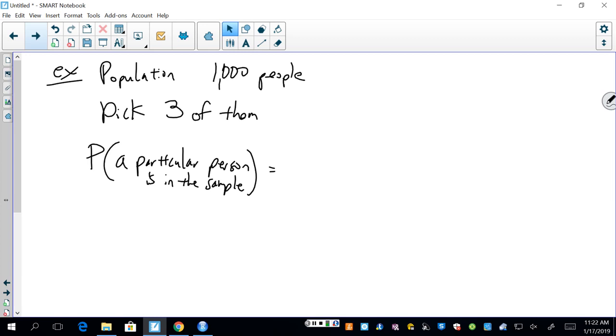So in the sample, we don't care who's first or second or anything. It's unordered. We just get this set of people, right? And we're going to pick without replacement, right? So unordered, without replacement. So if this is simple random sampling and all our samples are equally likely, how many possible samples are there?